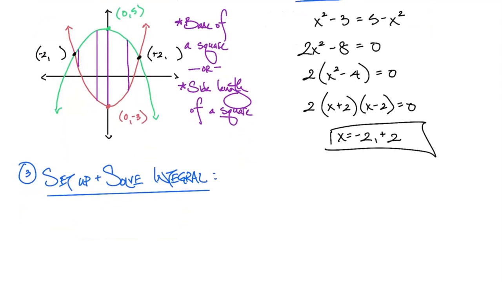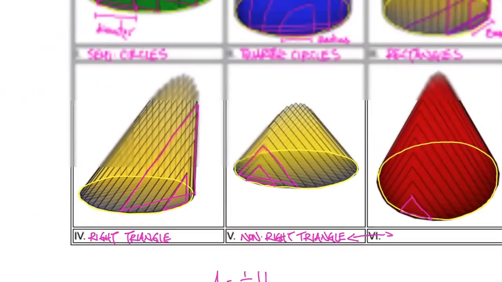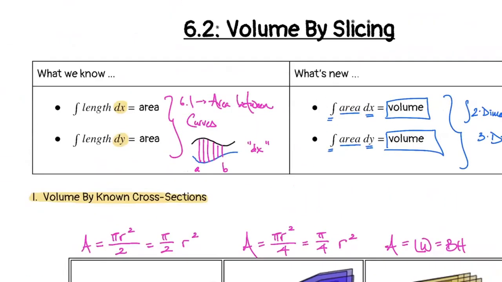So where do we even begin? It can be so overwhelming to think about where we're going to begin, but I would encourage you to look at the question. The question says, find the volume of the solid. And if I go back to the very beginning of the notes, we said that volume is the integral of area.